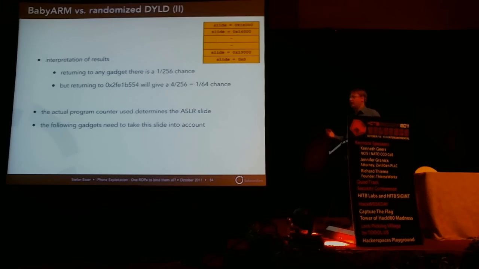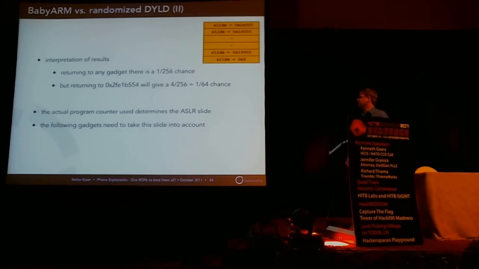So you have a better chance to actually hit a valid gadget than before. Which is still not a lot, but when you have a mass attack, with the same exploit, you can suddenly attack 4 times more people.